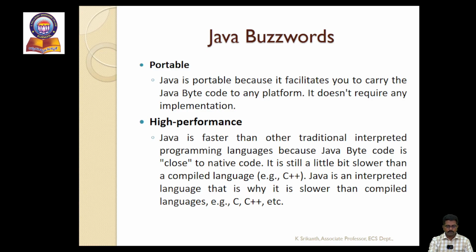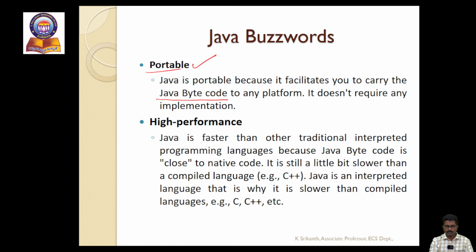The next feature is portable. Portable means that we can complete a program in a particular system, and then the program can be run on different systems. It is possible because of bytecode. Whenever you write a .java program and compile it, you get a .class file which is in bytecode format.